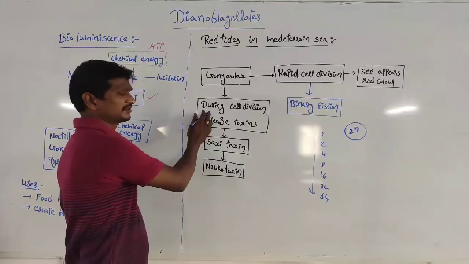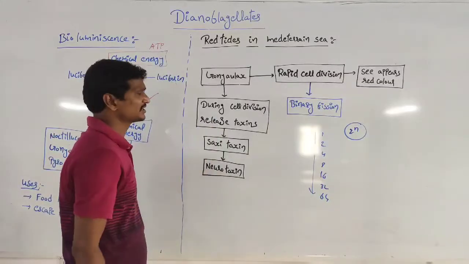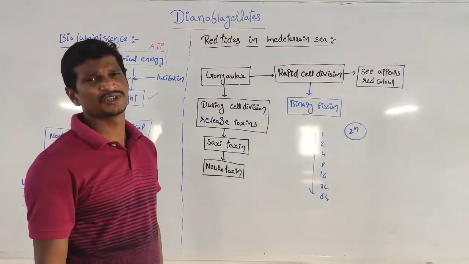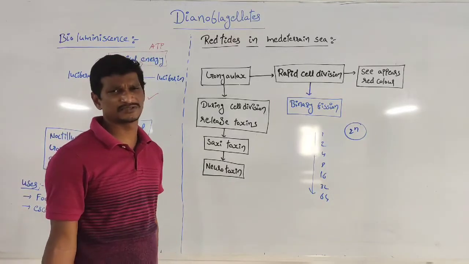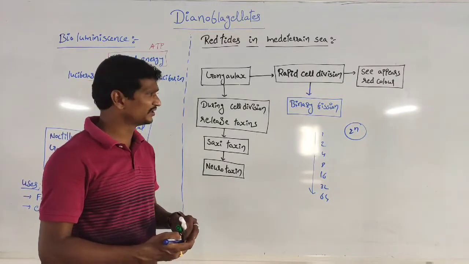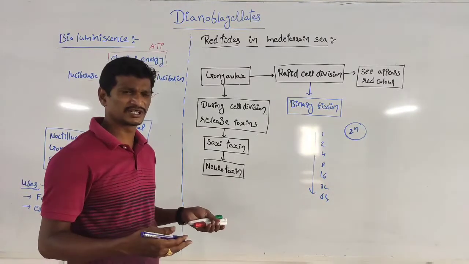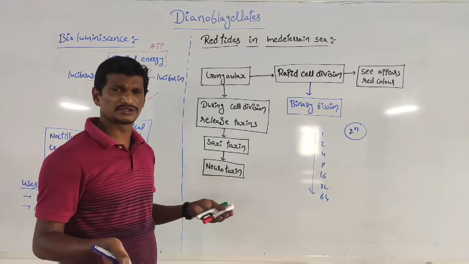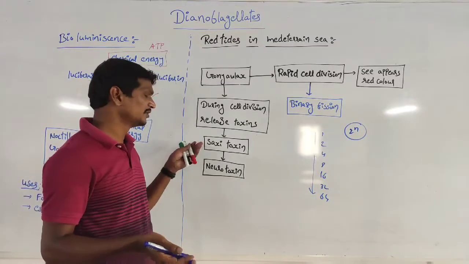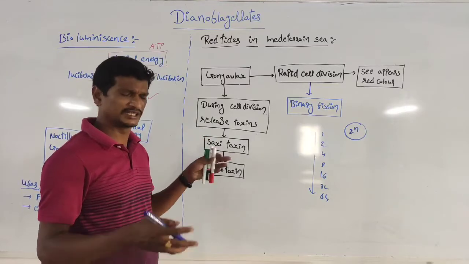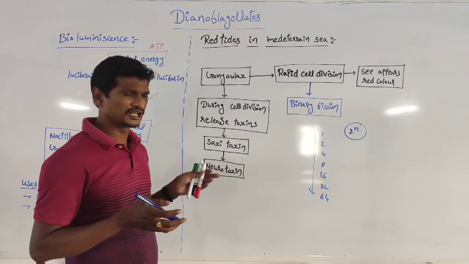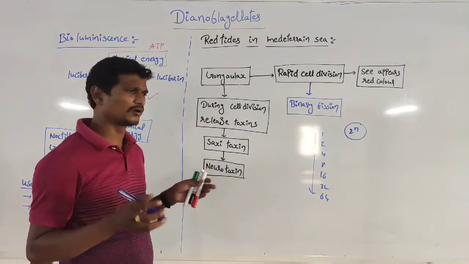And during cell division, these organisms release toxins. The concept here is suppression of other species. When these are growing rapidly, nutrients are required. If there are any other organisms also growing around, then maybe a nutrient deficiency will take place in that region. So these organisms release some toxic compounds.